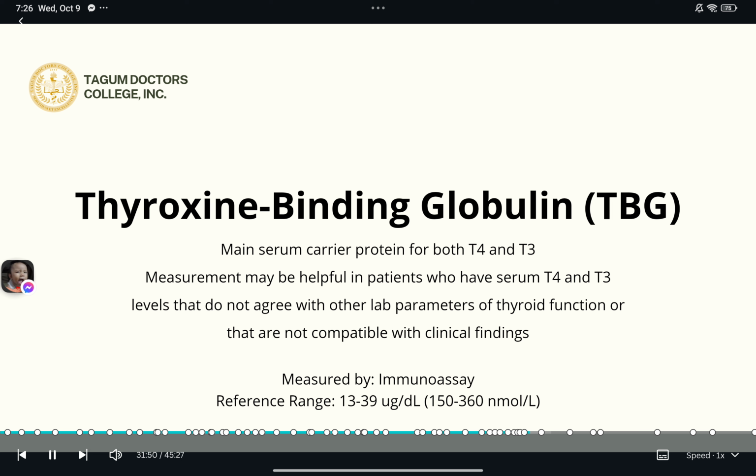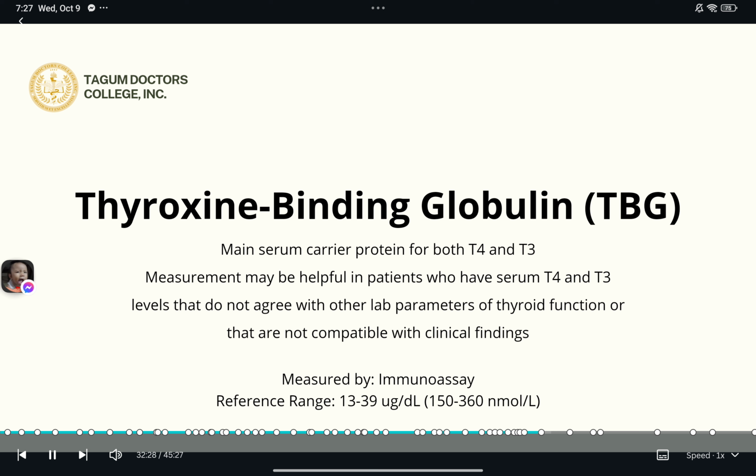So it is the main serum carrier protein para sa ato ang both T4 and T3 and the measurements may be helpful in patients who have serum T4 and T3. So the levels do not agree with other lab parameters or thyroid function or that are not compatible with clinical findings and measured by immunoassay with a reference range of 150 to 360 nanomole per liter.